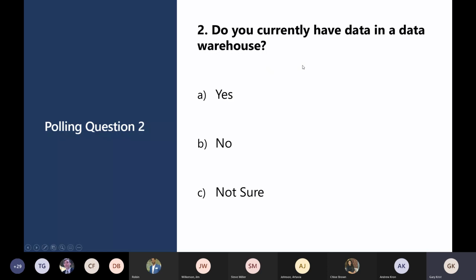Okay. One more question. Alan, if you're able to launch that, I'd appreciate it. What we're trying to understand here is where people are with their data. If they do have consolidated views already, or if they're in a situation like most people are, where their data is siloed.